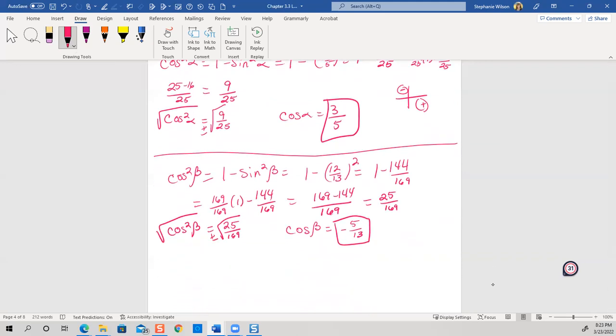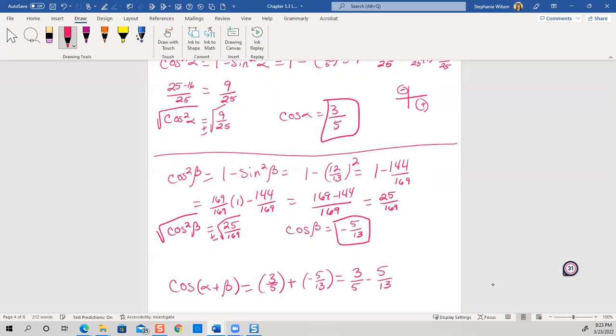So now I'm going to take the cosine of alpha plus beta, and we're going to plug in. I got the 3/5 plus the negative 5/13. And since it's minus, it's a negative times a positive, we're just going to put in a minus here.